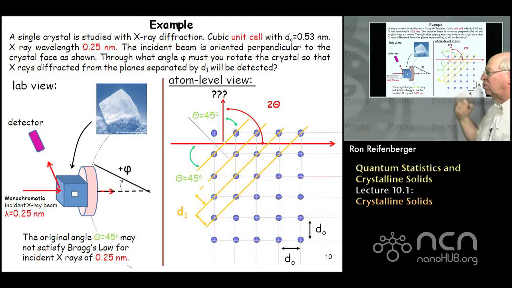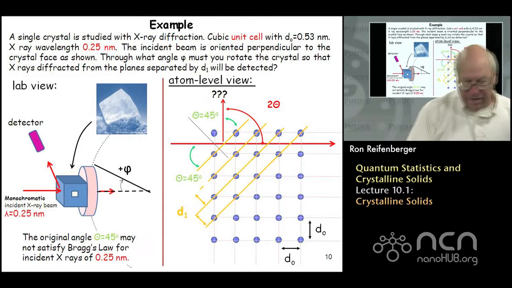That's by construction. The point is that for this angle of 45 degrees and for this incident wavelength of 0.25 nanometers, we're going to pick a unit cell d0 of 0.53 nanometers, just to pick a number. For those conditions, Bragg's law is not satisfied.